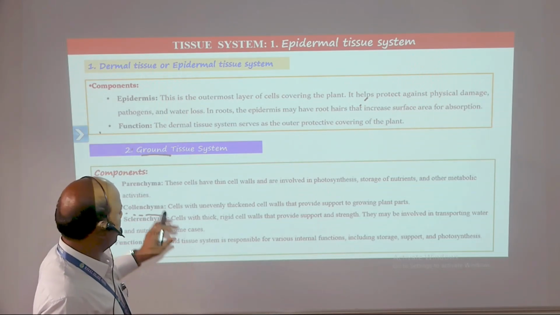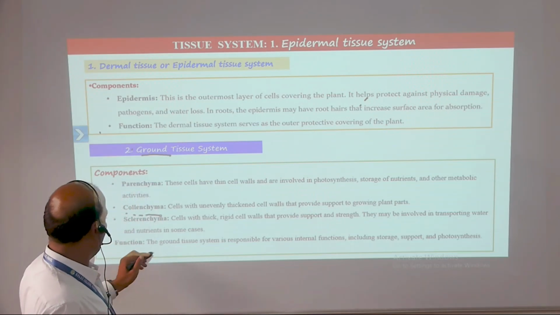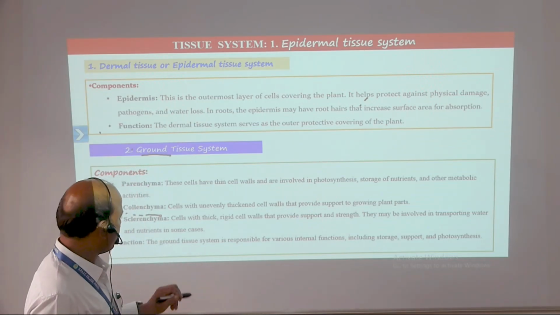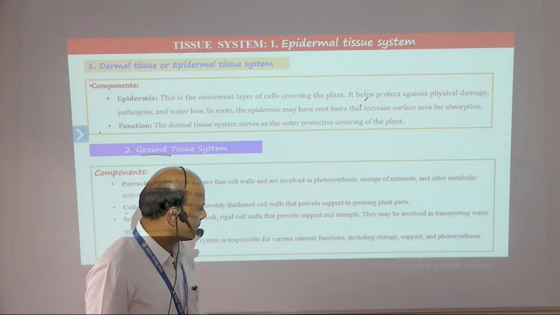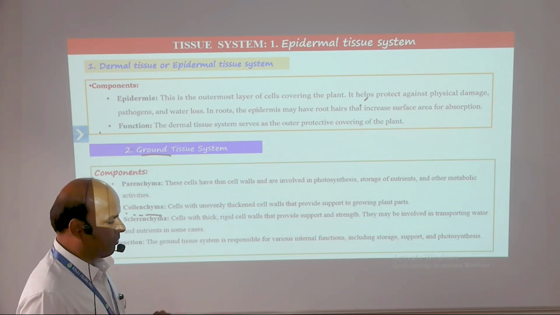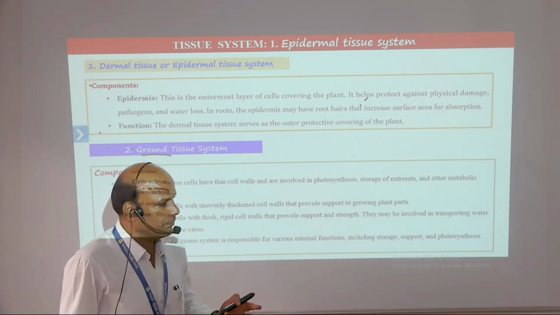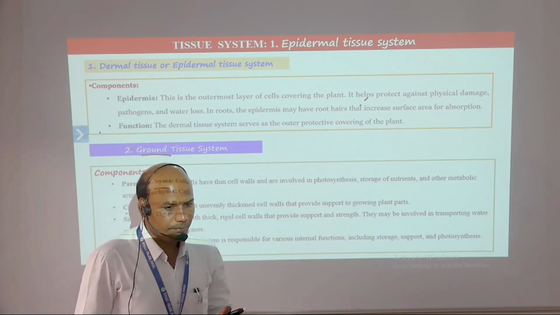Now, what is the main function of all the simple tissues? The ground tissue system is responsible for various internal functions, including storage, support, and photosynthesis. That is the basic concept of the plant tissue system.